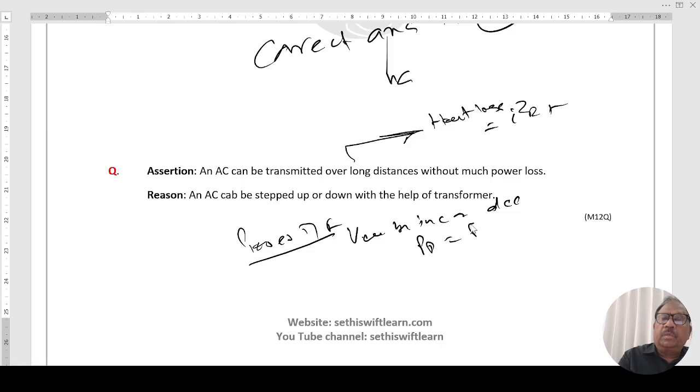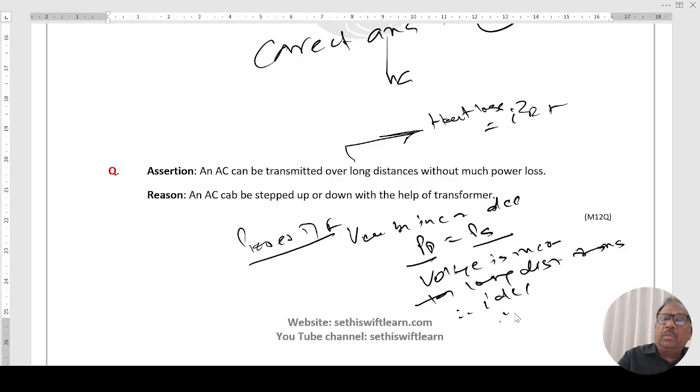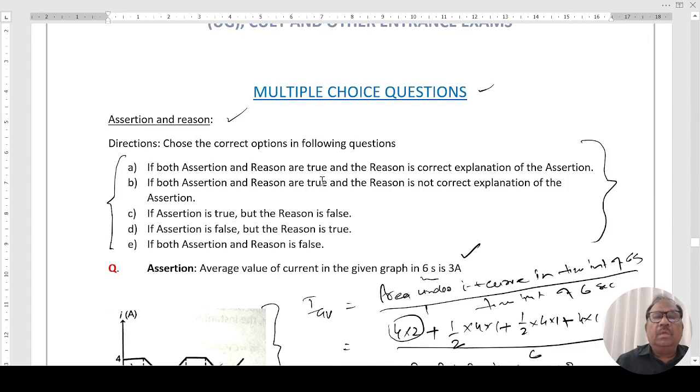PP equal to PS, primary side power equal to secondary side power, and voltage is increased for long distance transmission. Therefore, I decreases, therefore heat losses decrease. Right? An AC can be stepped up or down with the help of a transformer. This is correct, and this is the correct reason. A is the correct answer.